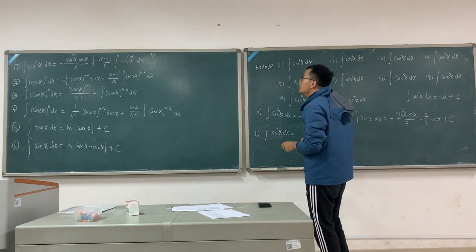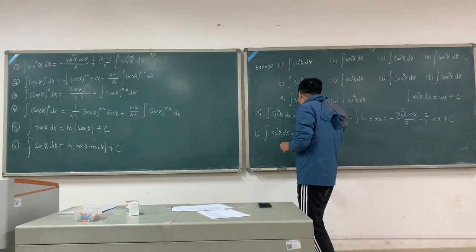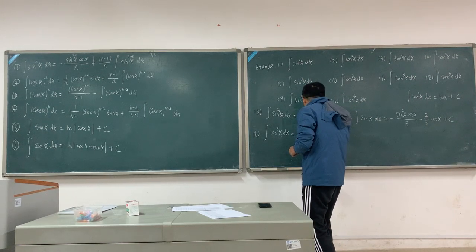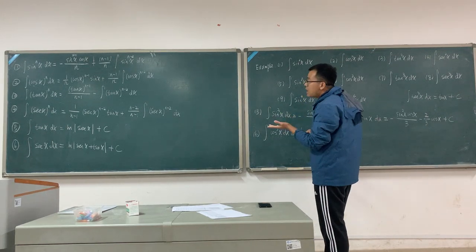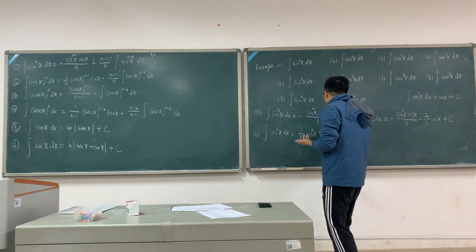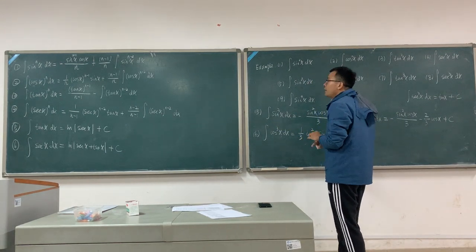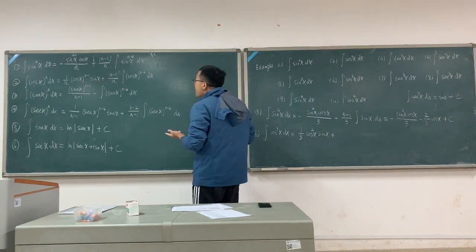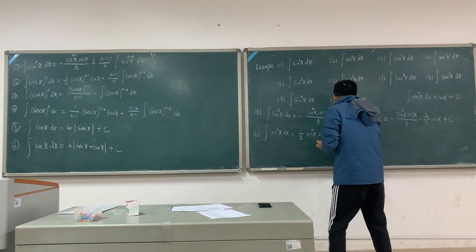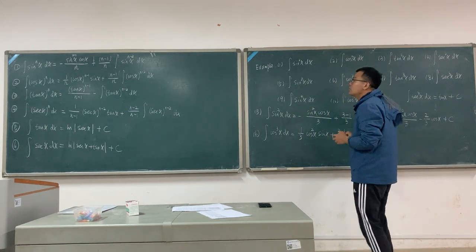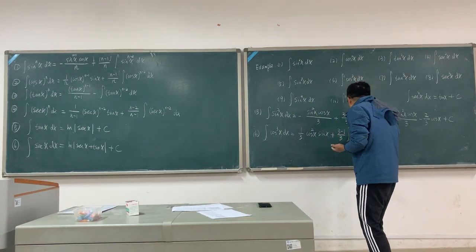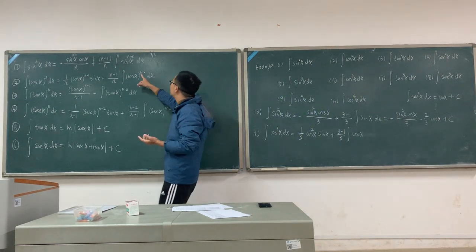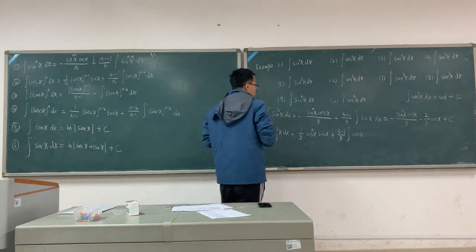So it equals 1 by 3 cosine x to the 3 minus 1 power, so squared, times sin x, plus 3 minus 1 by 3 times the antiderivative of cosine x to the 3 minus 2 power, so the 1 power dx.